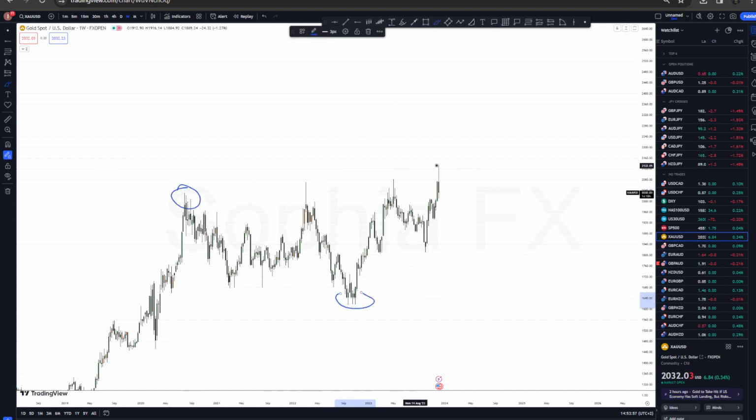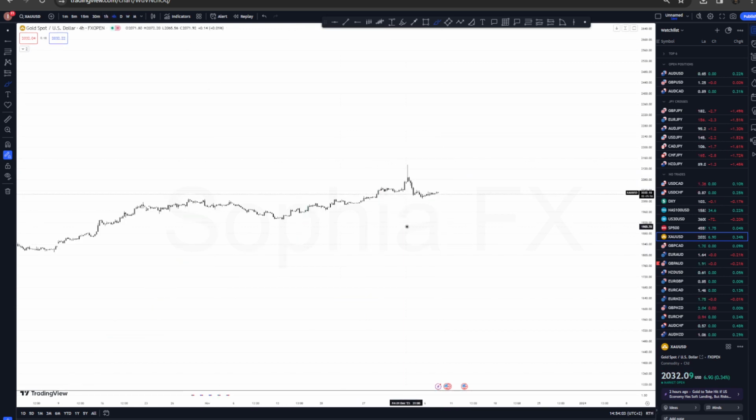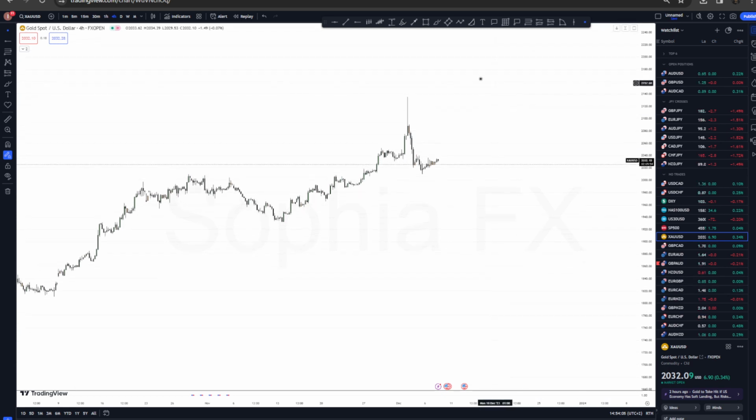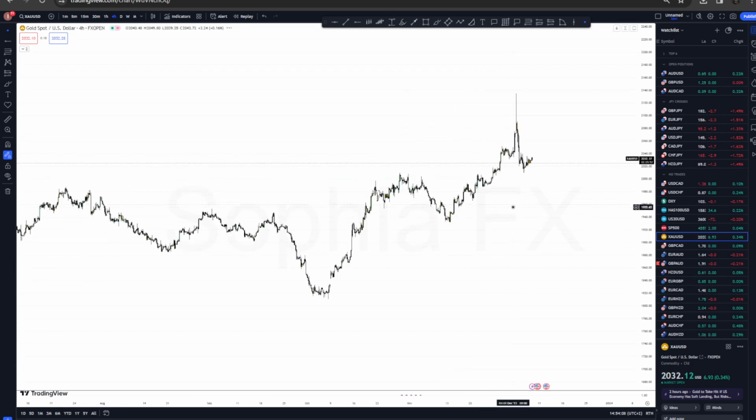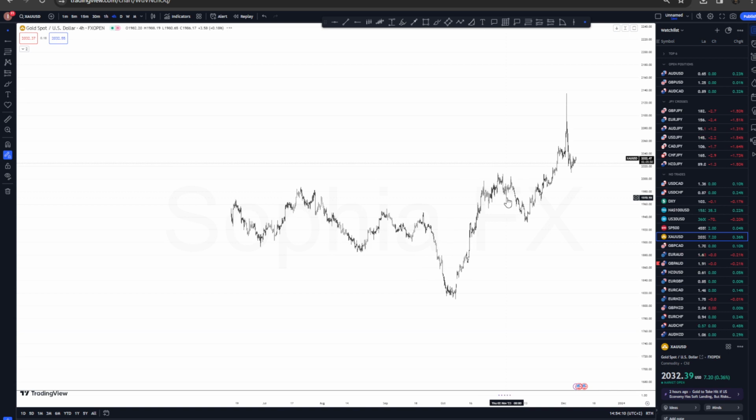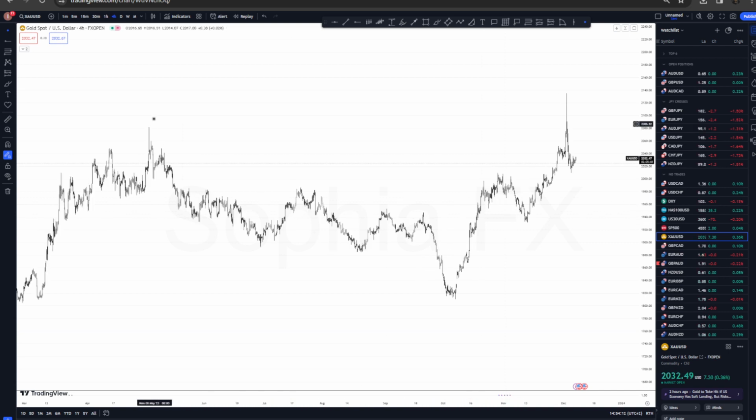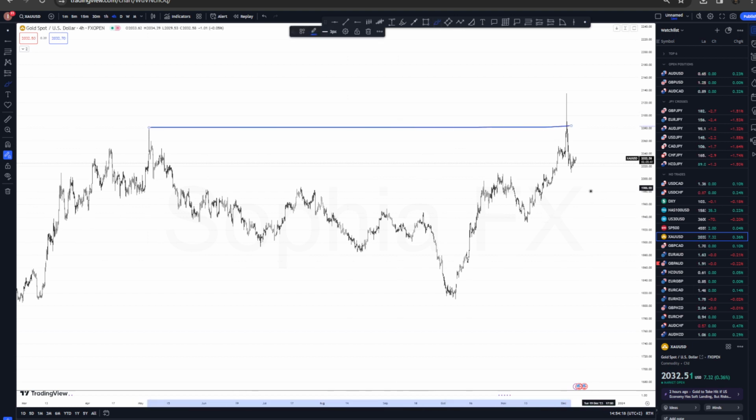All right, so looking at gold making these new highs, forming these new highs, I'm really looking for gold to... if you look at smaller time frame structure, you understand that gold has broken this high right here, over here. Okay, gold has broken that high right here.